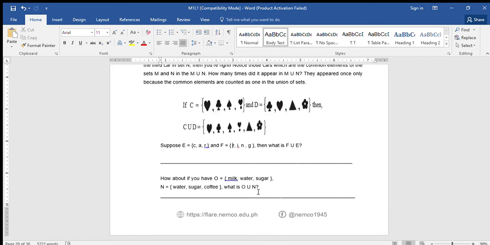Okay? Milk, water, sugar, and then coffee. Mag-una ta sa O. Kay O man ang nakabutang diri. So, mag-una ta sa milk, then water, no? Then sugar. Tapos, si water sugar human naman, then diretso na dayon ta kang coffee.